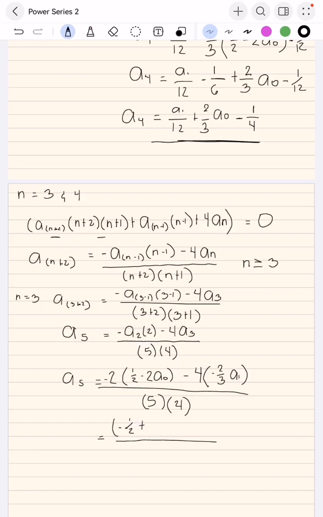So 2 times 2 is 4 a0 minus, so negative, we have negative 4 times 2 third, negative 8 over 3 a1. Then let's make 20. Wait, there's no 1.